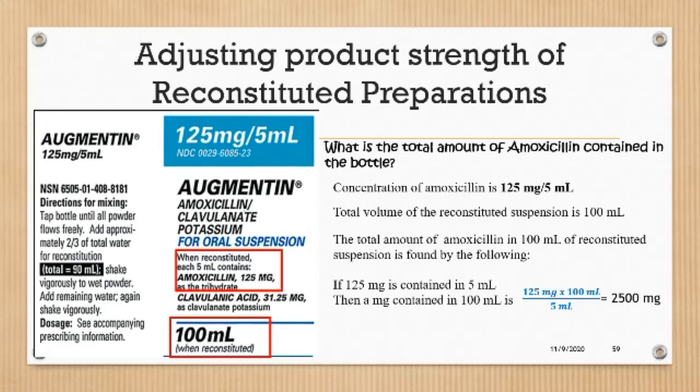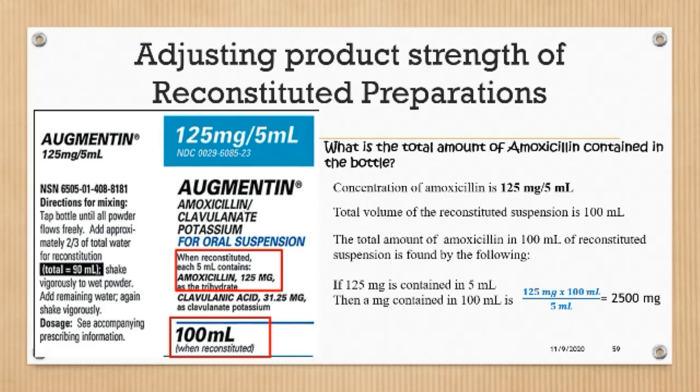So what is going to be left back would have been flavorants in a powder form. What would have been left also would be sucrose in a powder form, and other things like preservatives and thickeners, in addition to the 2,500 milligrams of amoxicillin. So when you see that powder in there, it's not only the drug, it's the drug plus other excipients. And I want that to be abundantly clear.